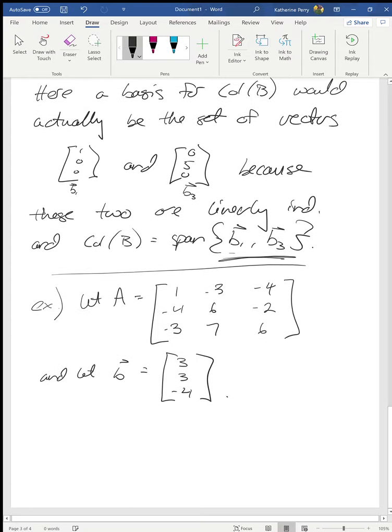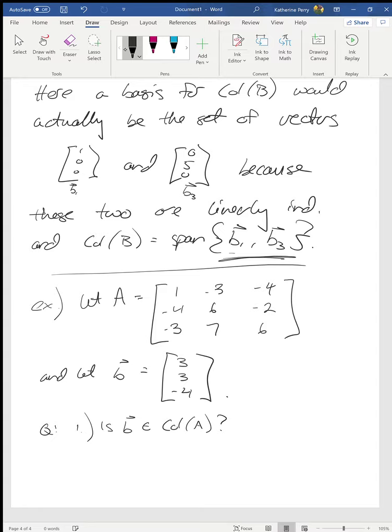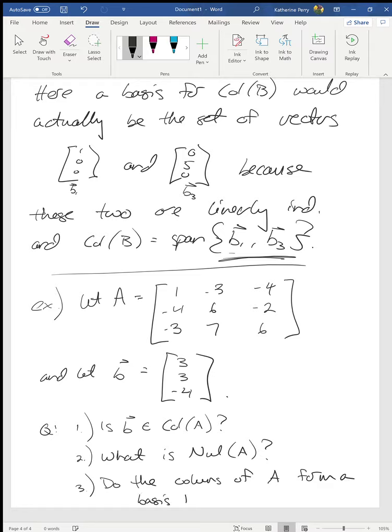And I'm going to ask the following questions. So first, is b in the column space of A? And second, what is the null space of A? And third, do the columns of A form a basis for the column space of A?